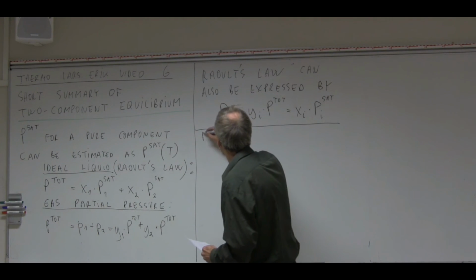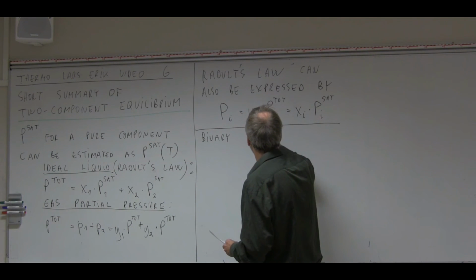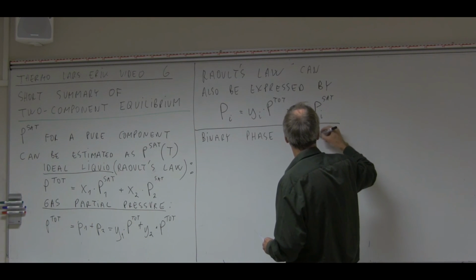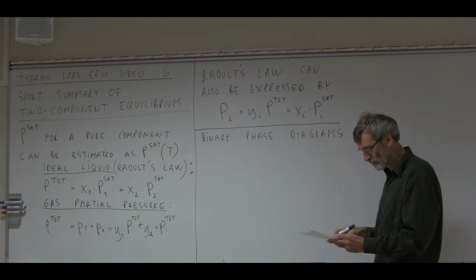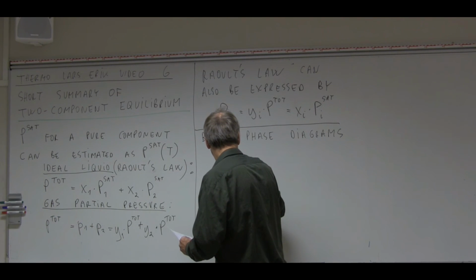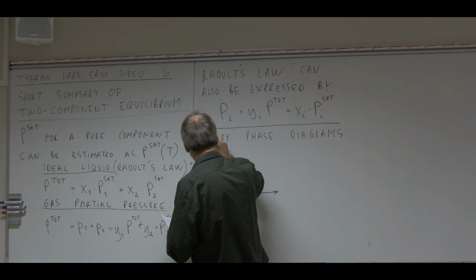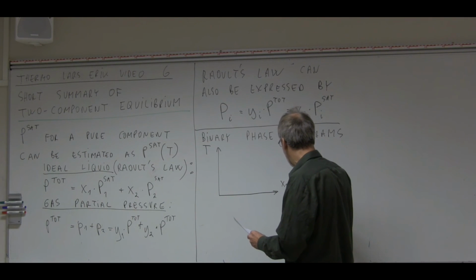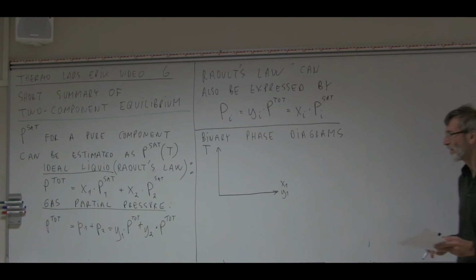And then we have binary phase diagrams to give an illustration of what we are talking about. We have temperature as a function of mole fraction, and it can be both the liquid and the vapor fraction.